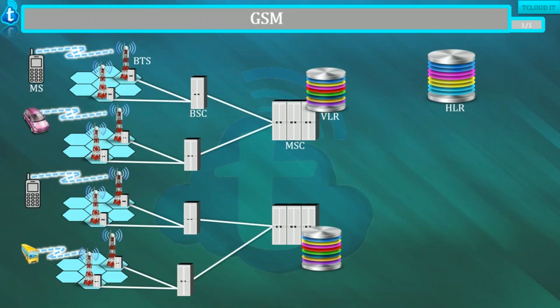We call them IMSIs, International Mobile Subscriber Identities. With the help of those numbers, you can determine from which HLR you can extract this user's subscriber details, and you will go and fetch that information from that particular permanent database.